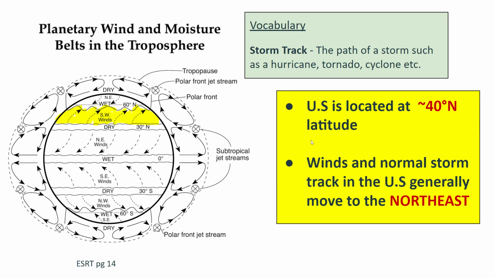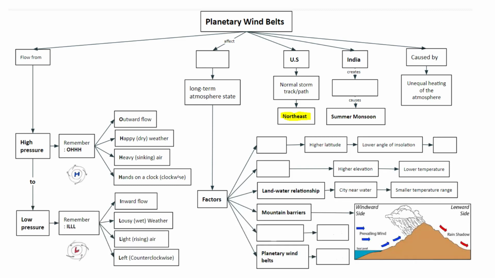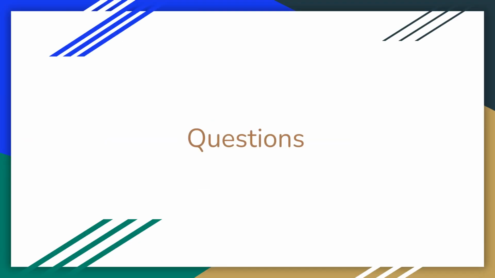And so we would say winds and normal storm track, meaning the track or path of most storms, such as hurricanes, tornadoes, cyclones in the US, actually move towards the northeast. If you need to write this down in your notes, go ahead and do so. This is something you should remember. And also write this down right here. So in the US, the normal storm track or path is the northeast. So in the next video, we'll talk about some questions related to this.